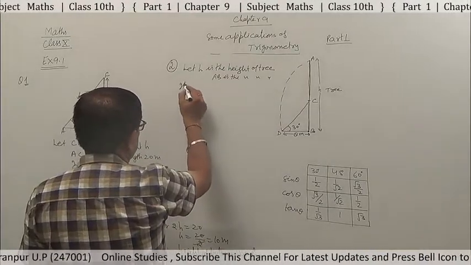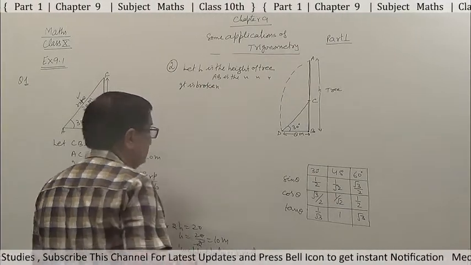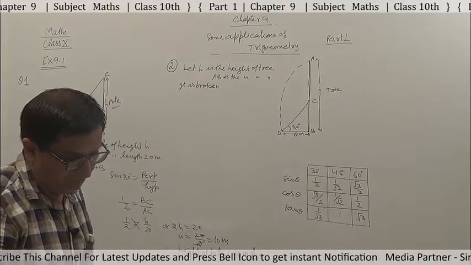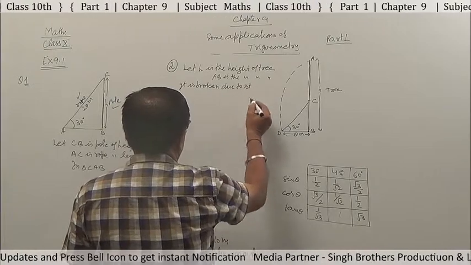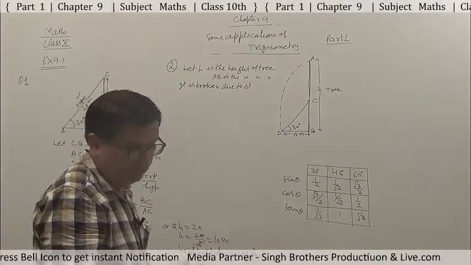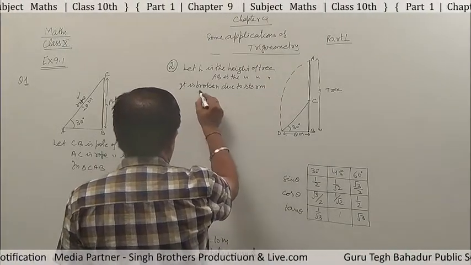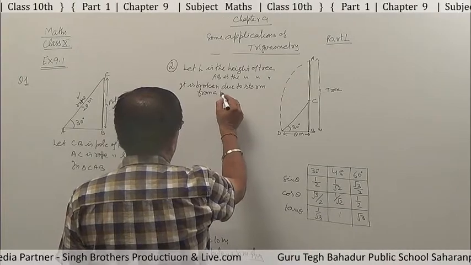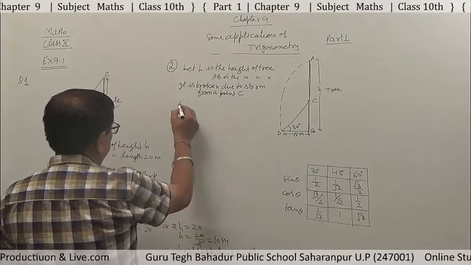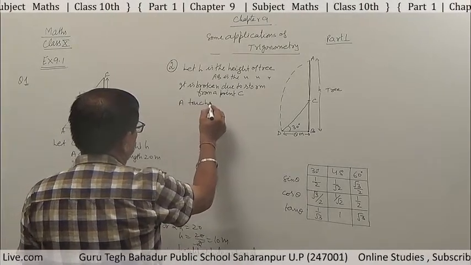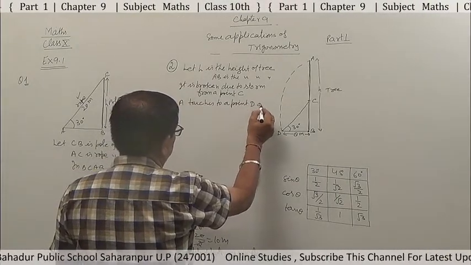It is broken due to the storm from a point C. A touches a point D on the ground.